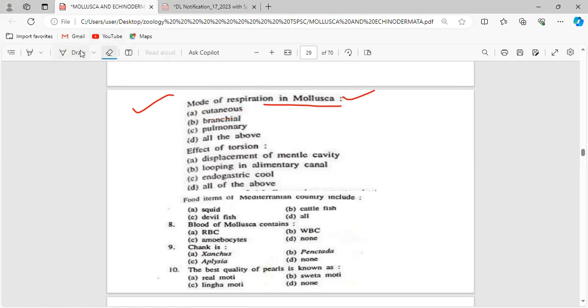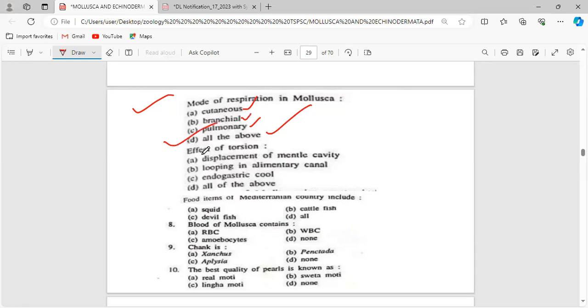Just tell me the meaning. Very good. Respiration which is happening through the skin is said to be cutaneous respiration. The best example for cutaneous respiration is frog. Frog is again an amphibian, so branchial is also there, pulmonary is also there, all the above.